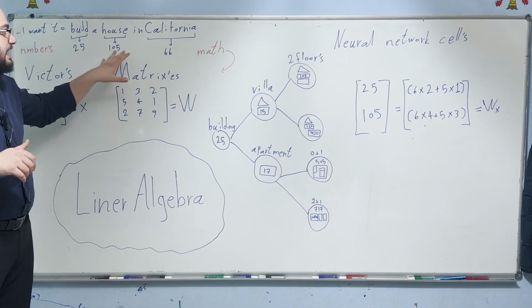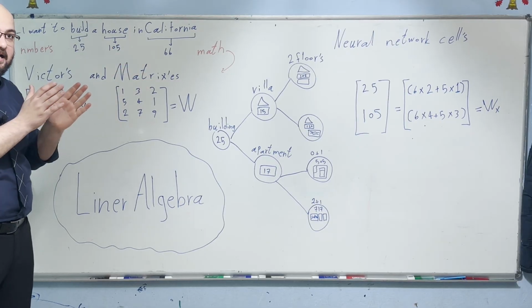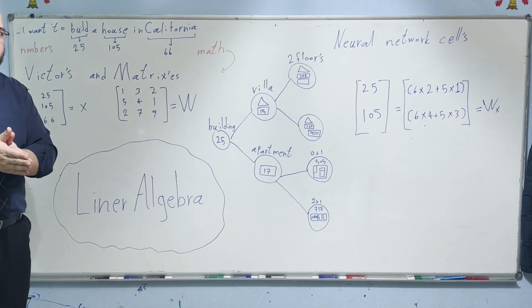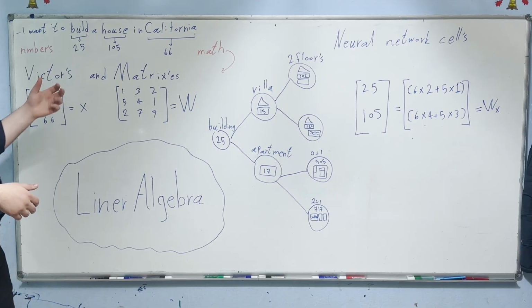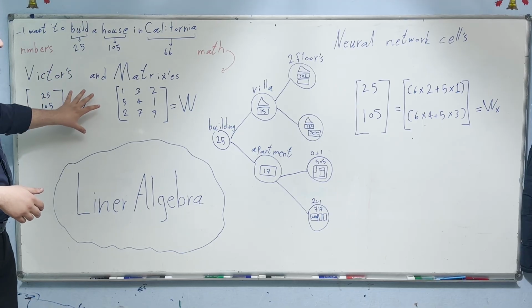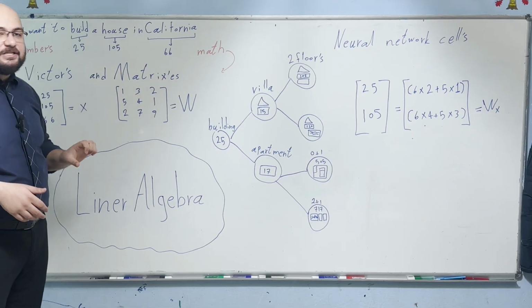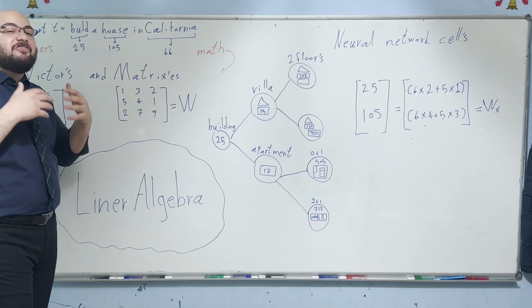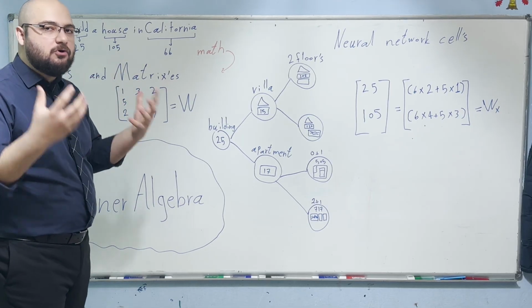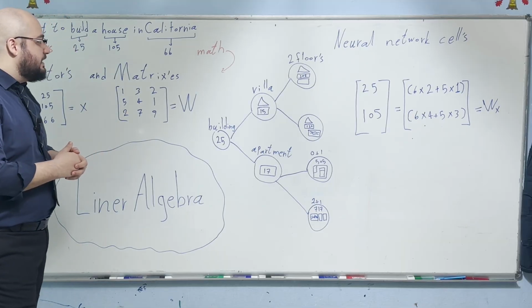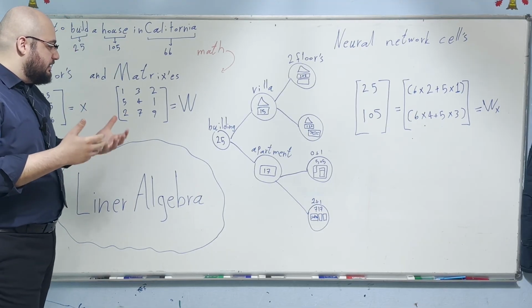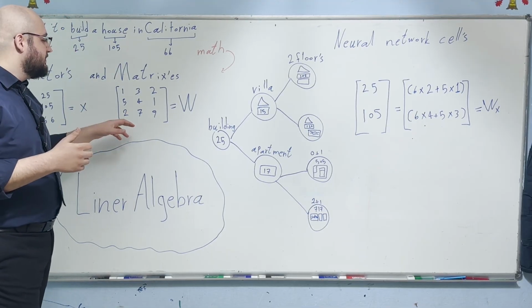Vectors take the numbers, the first numbers coming from the prompt, from the question, and put them aside, then take the matrices, which is the main spine of the artificial intelligence.